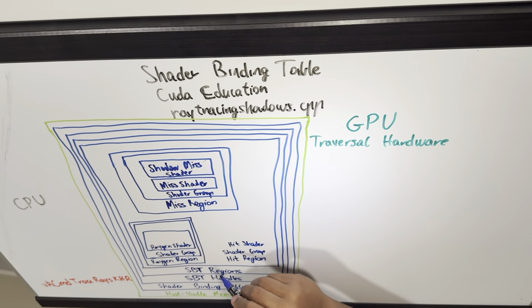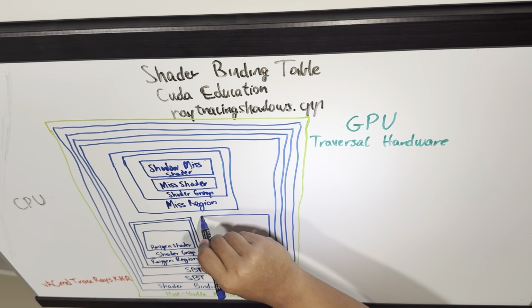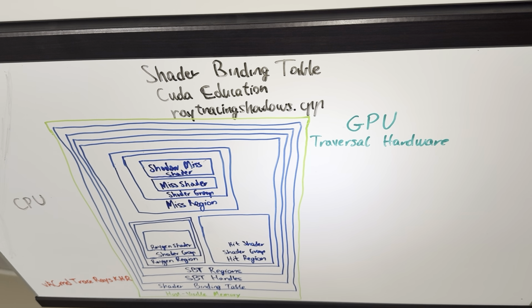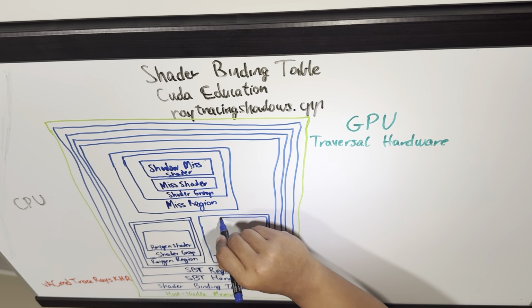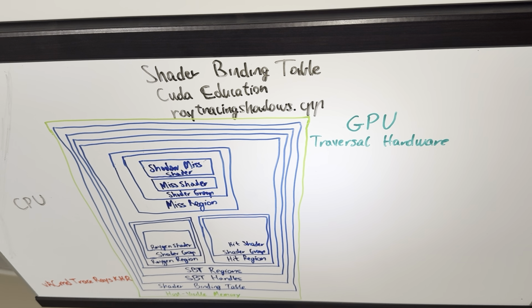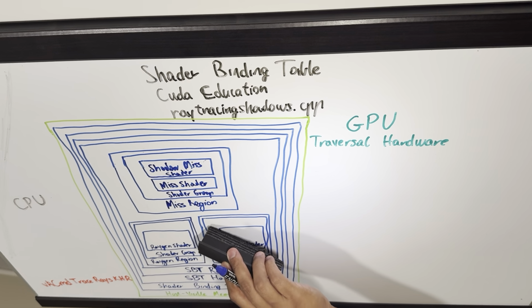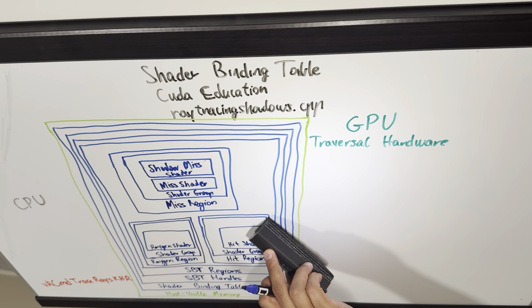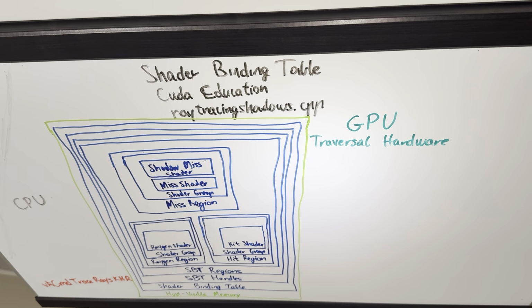Okay, so we have our hit region, our shader group, and our hit shader.